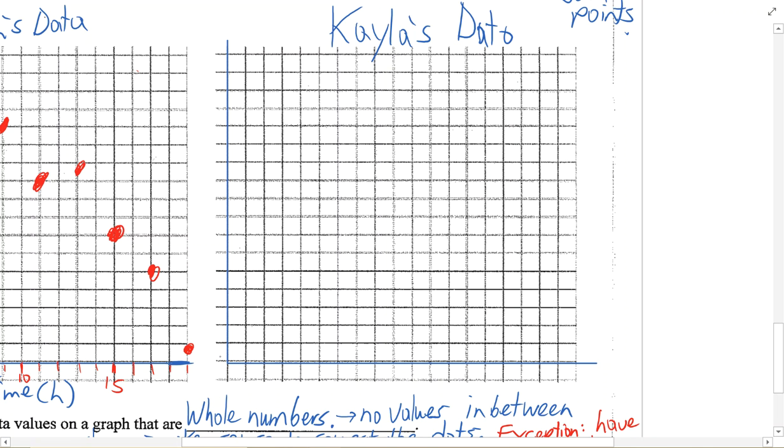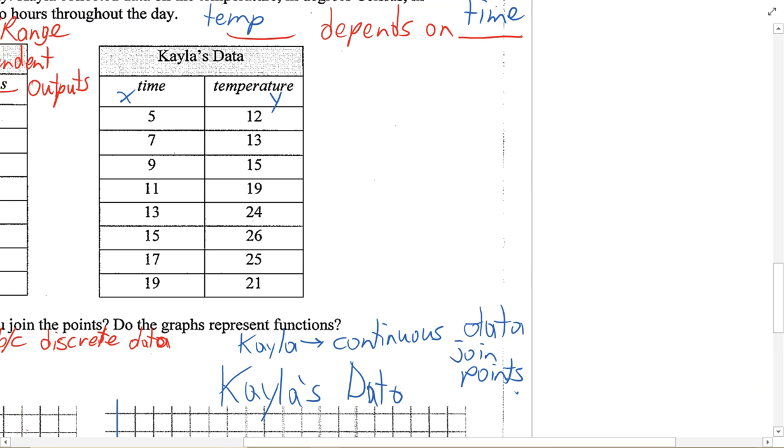Again, it's 1, 2, 3, 4, 5, 6, 7, 8, 9, 10, 11, 12, 13, 14, 15, 16, 17 going up. So going up for her, she has the highest temperature of 26.